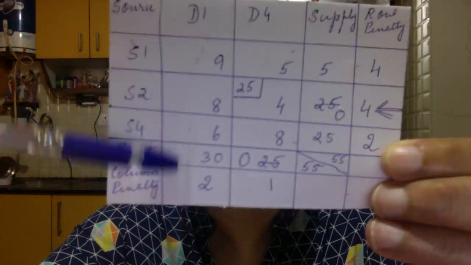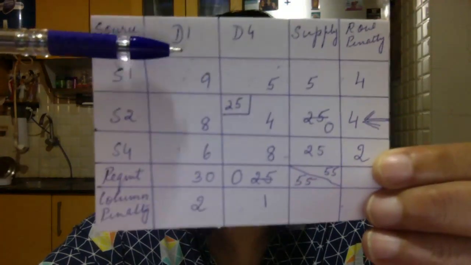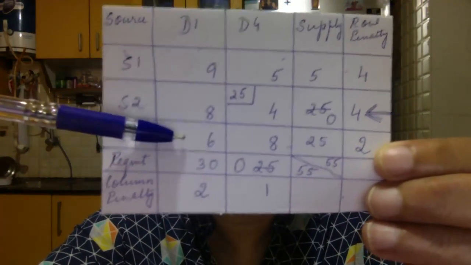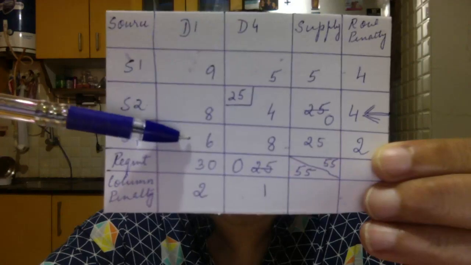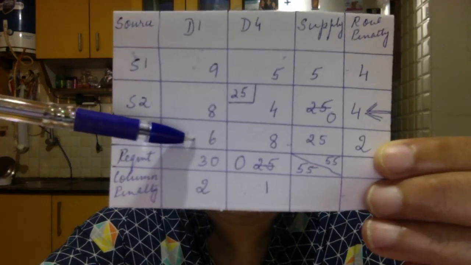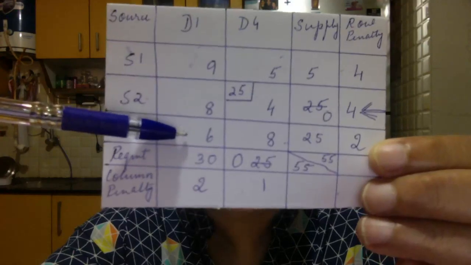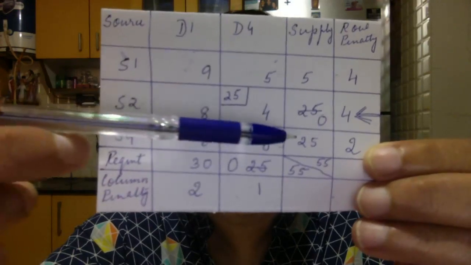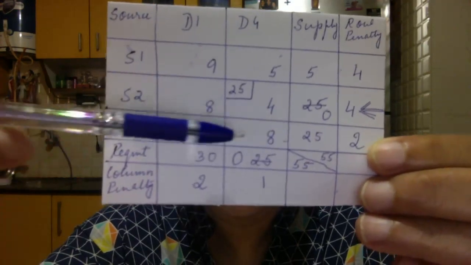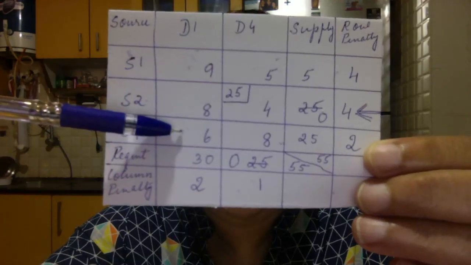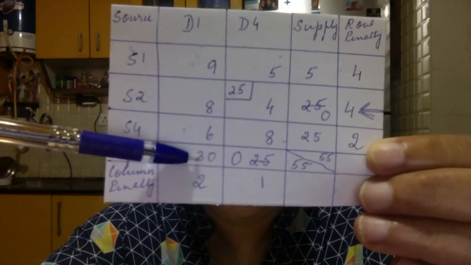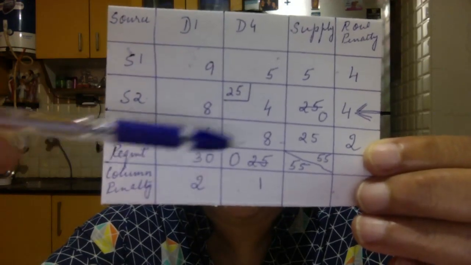And the least cost in this column is 6. So it is prudent to allocate to this S4 D1 cell. How much can I allocate? 25. Let me allocate 25 units here. Strike off 30 and make it 25.